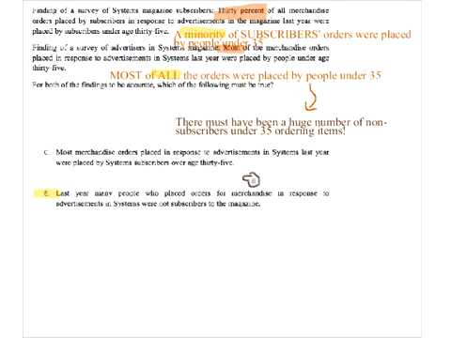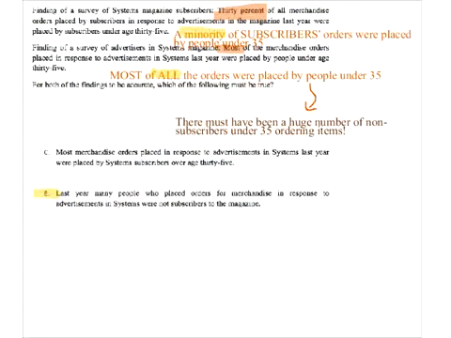But this could very well be false. What you can prove from this first paragraph is that 70% of the subscribers' orders were placed by people 35 or older. But that's just the subscribers' orders.